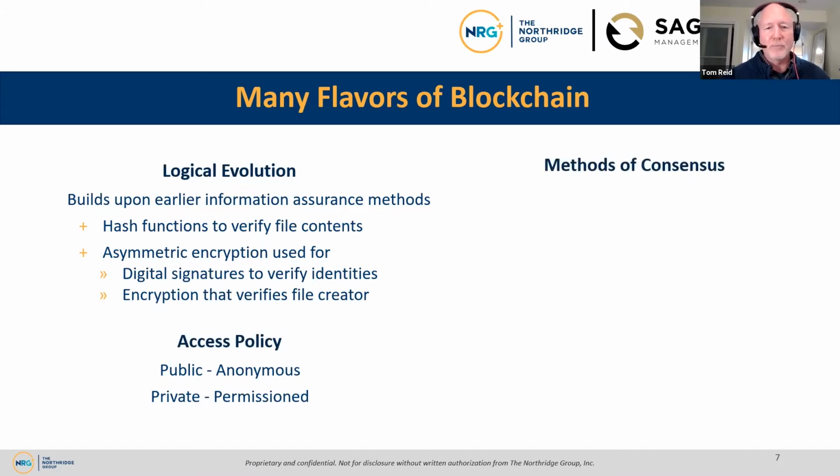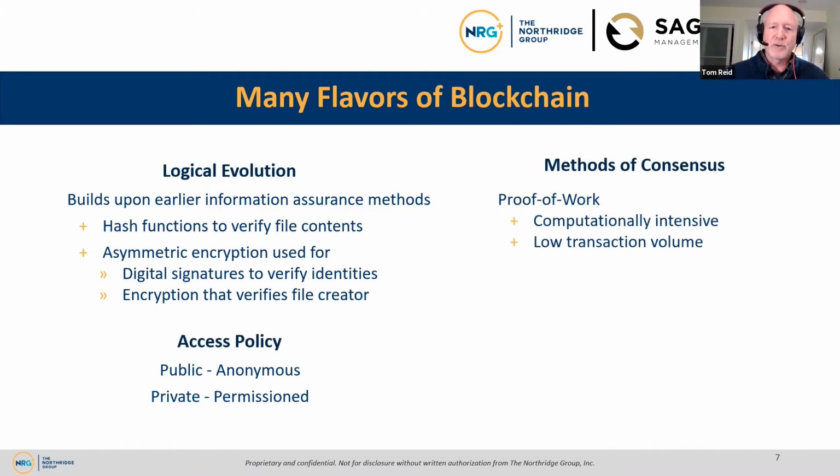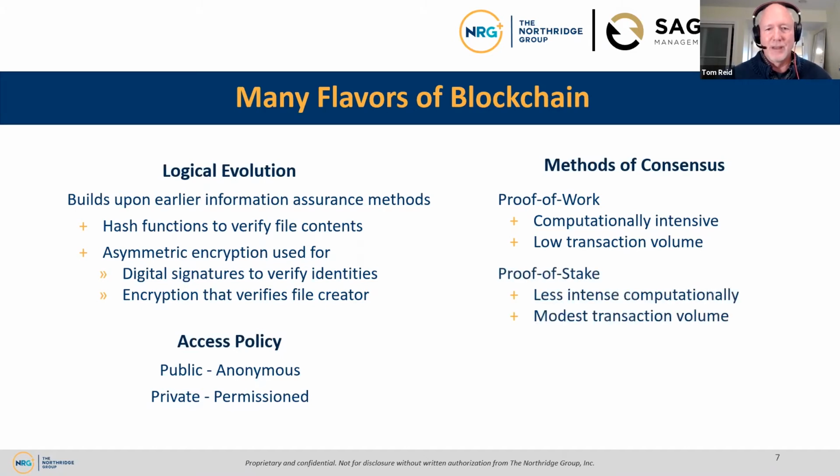Then there are also methods of consensus. And again, when we look at cryptocurrencies, most of them are proof of work. These are computationally very intensive, using electricity to the extent of many small countries right now in some of the cryptocurrency efforts. And transaction volume is exceptionally low. To try to improve things, people modified that to do proof of stake.